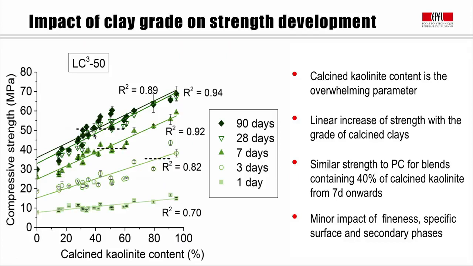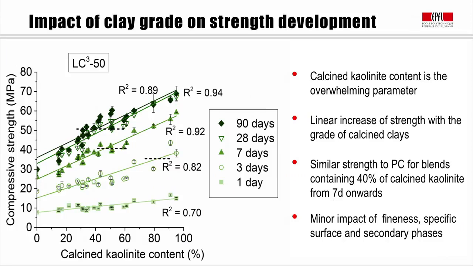Whereas if you're prepared to wait a bit longer, to about 7 days, then if you have a kaolinite content of between 40 and 50%, you will get a similar strength to your ordinary Portland cement. So this is very important because it means for this LC3 system, we don't need to use very high purity clays. High purity clays, notably used to produce metakaolin, have very strong requirements for color, for purity, etc., which makes them very expensive.